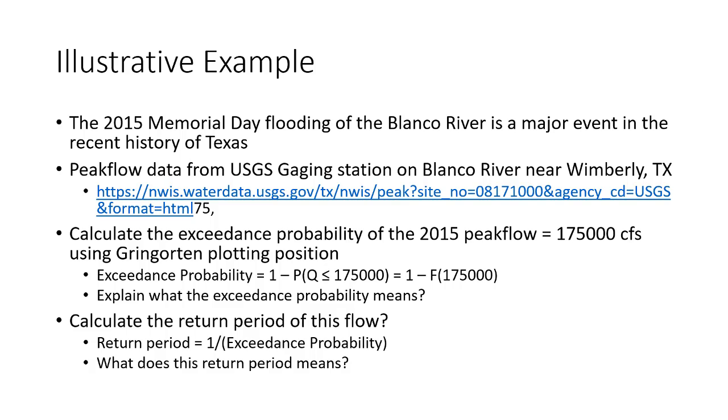So it doesn't mean that it only comes once every 500 years. What it means is that there is some finite probability that it might come much faster than that. It's very possible to see two 500-year floods within a 10-year period.